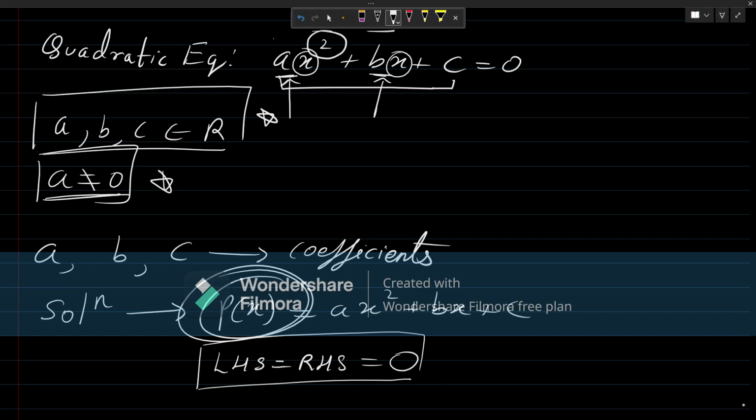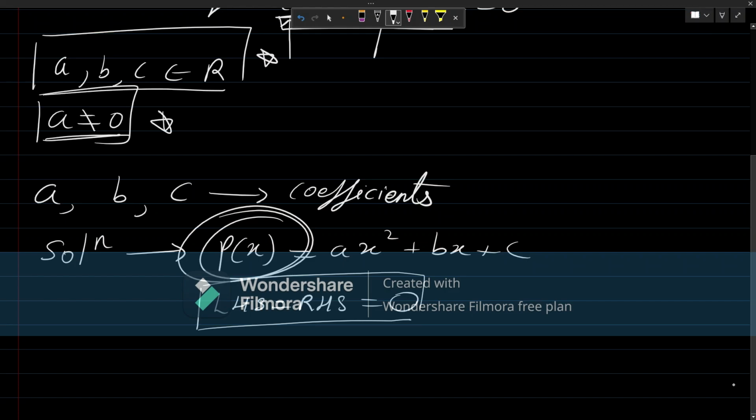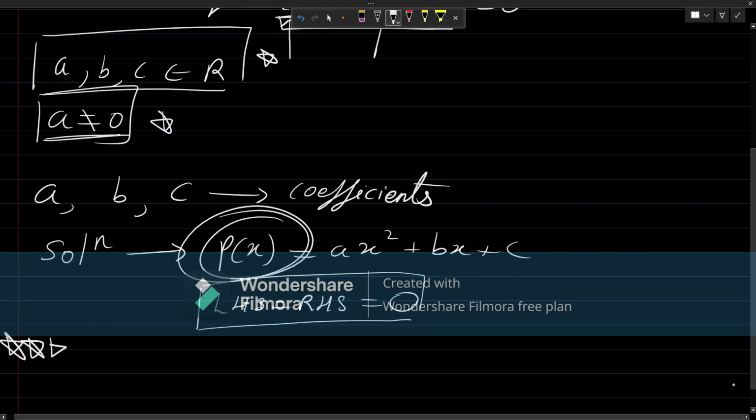Now let's talk about some general facts about quadratic equations. You need to remember this one because it is really important. I will give it a 3 star.